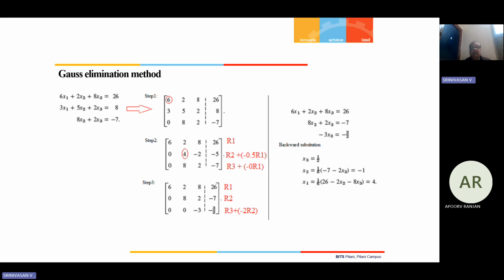You can check, of course, there should not be any change in the first column of the second row and third row, which are already 0. If you make any operation here wrongly, definitely it will create a non-zero entry here, which is wrong. Therefore, you must ensure that.